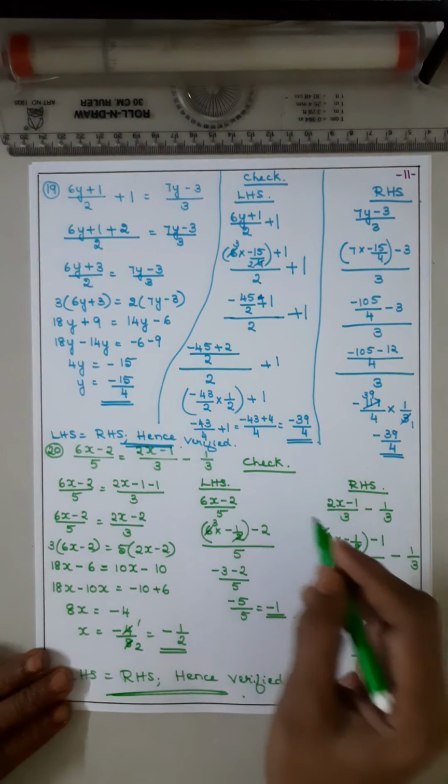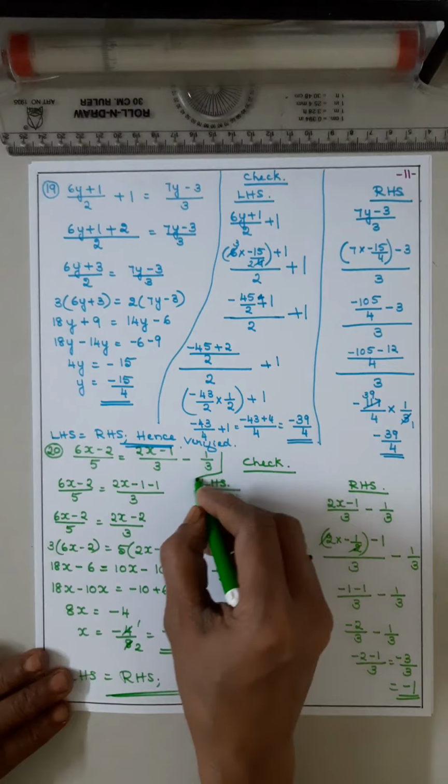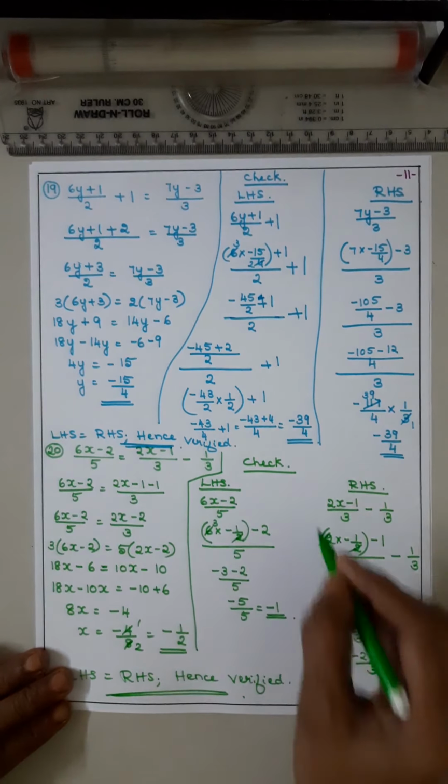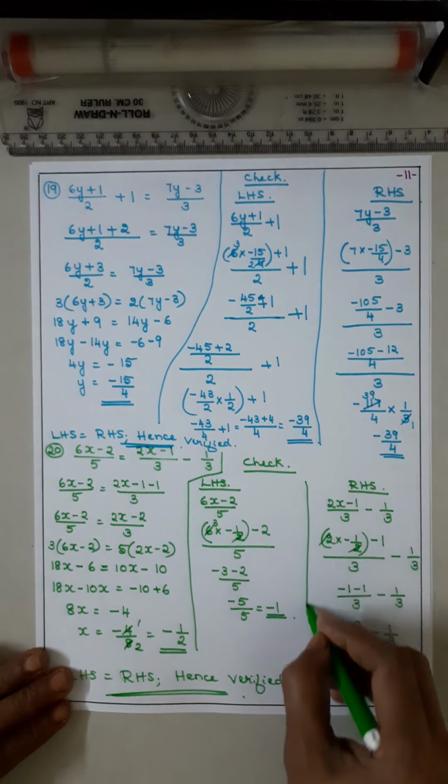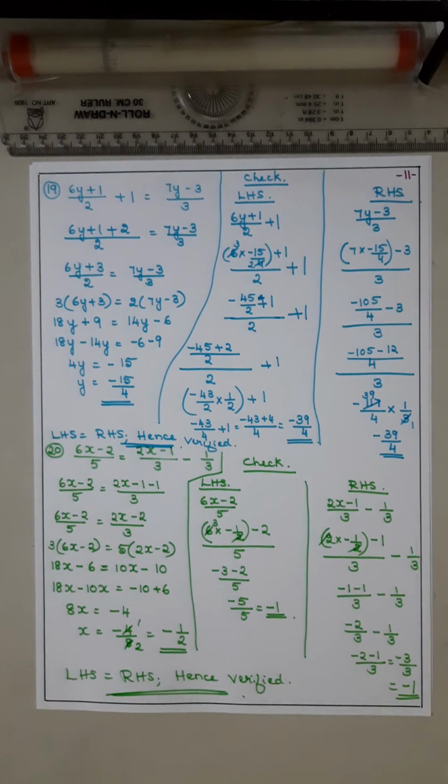So this is the sum, this is LHS and RHS. Hope everyone understood the questions up to question number 20.